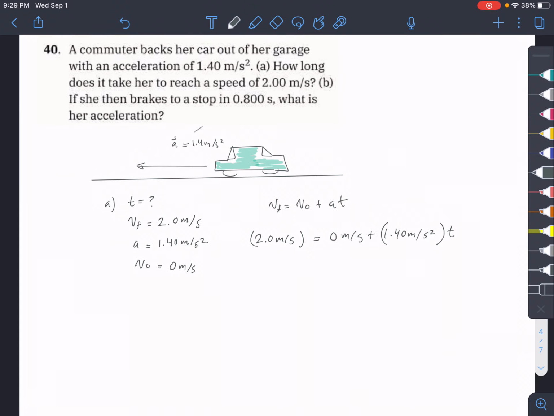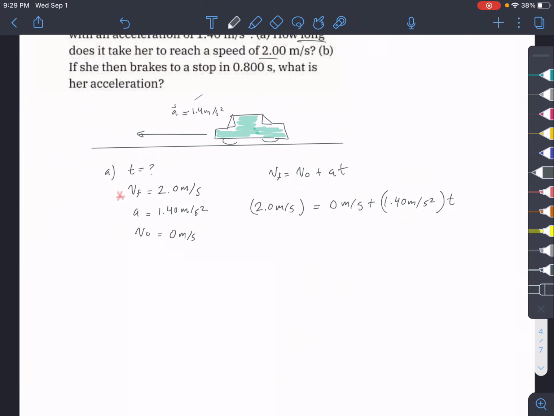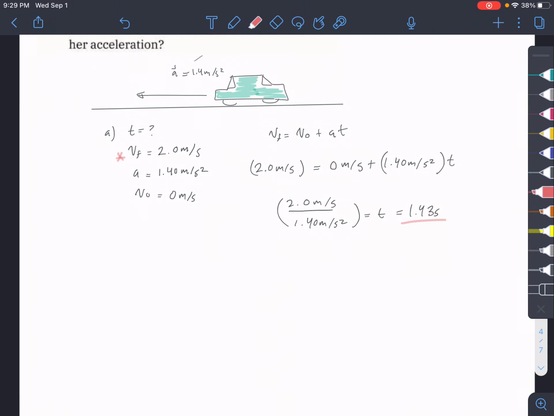So how long does it take to get to our final velocity? We end up with 2.0 meters per second divided by 1.40 meters per second squared. That gives us our time, which is equal to 1.43 seconds. So far so good.